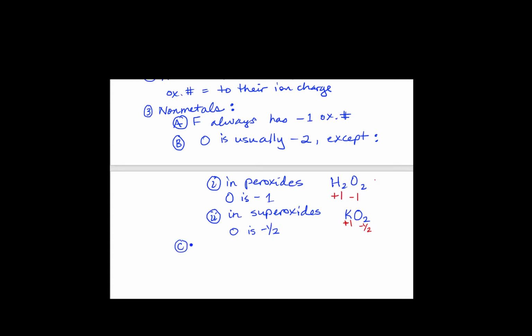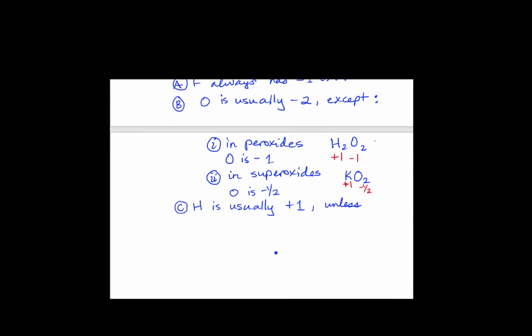So finally, we get to hydrogen. And hydrogen is almost always +1, as we have seen a couple of times. The only time when it isn't is if it is acting as an anion in an ionic compound, which is only going to happen if it's bonded to a metal as the anion.